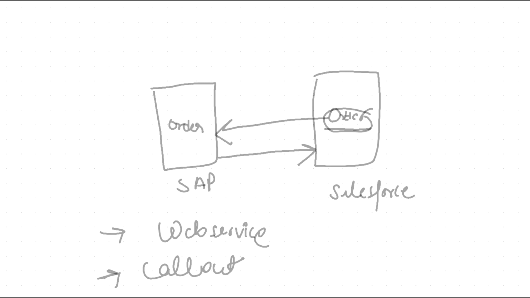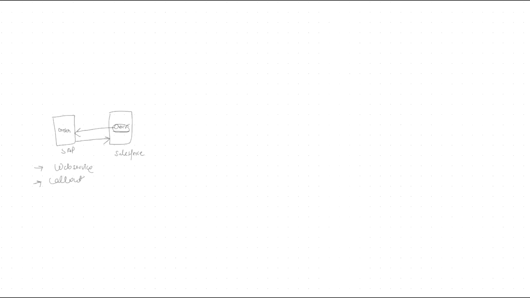But we'll have to understand the endpoint which is given in that particular class is a Salesforce endpoint or an SAP endpoint. And then if we have to do callouts, then we'll obviously have to write the HTTP classes. If we have to expose our API, then we will write a web service class. And we will see that in next step how to write a web service class.